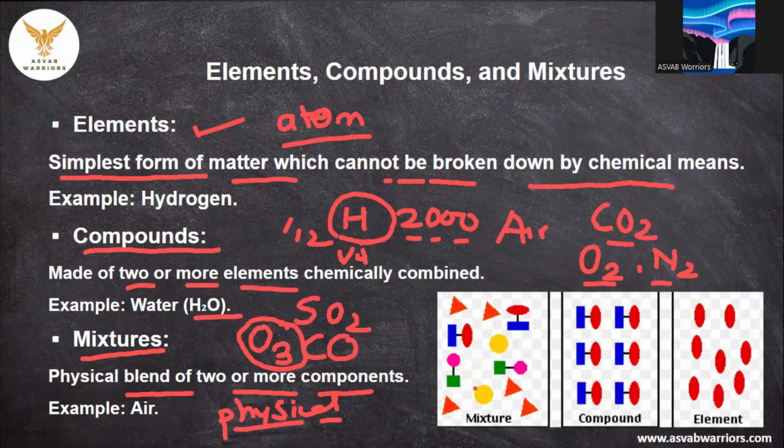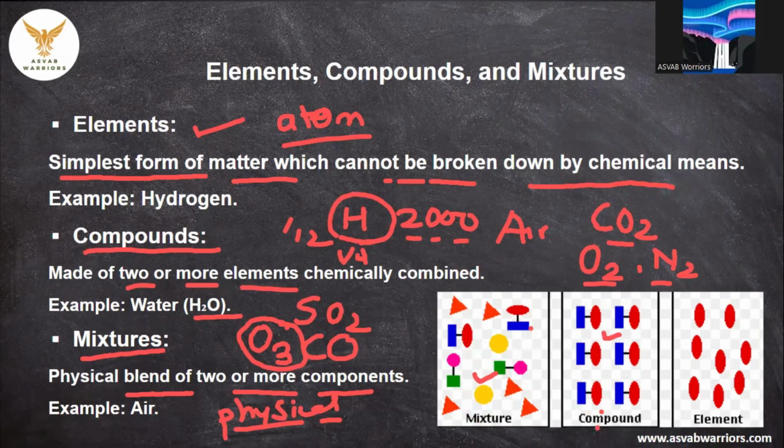So mixtures, as you can see from the picture, few are triangles, few are this shape, circle, right? So all these, when mixed together physically and not chemically bound to each other, are called a mixture. When the substances are bound chemically to each other, then it is called a compound.